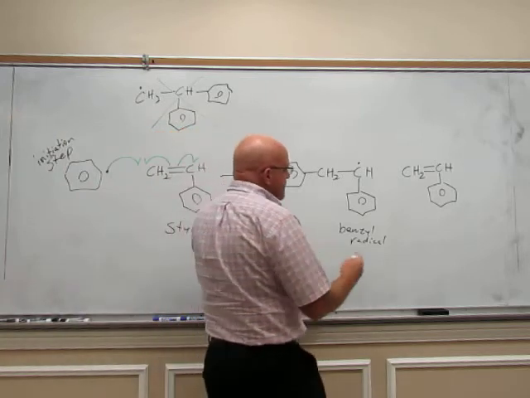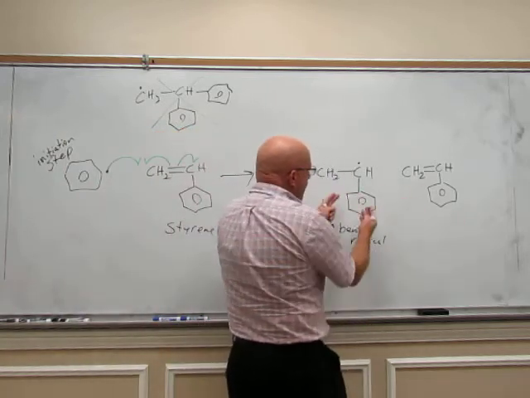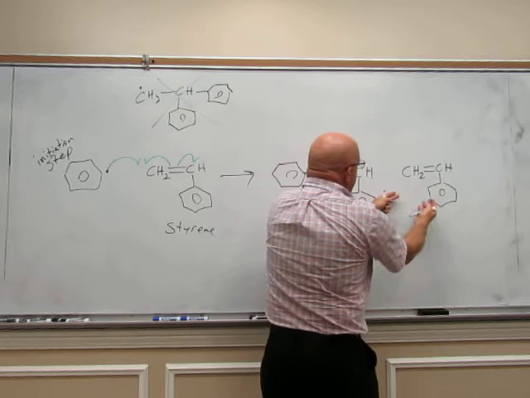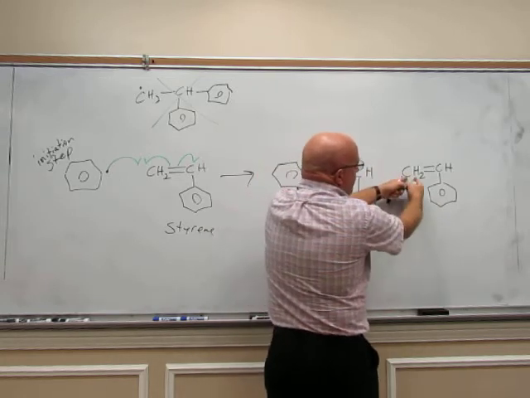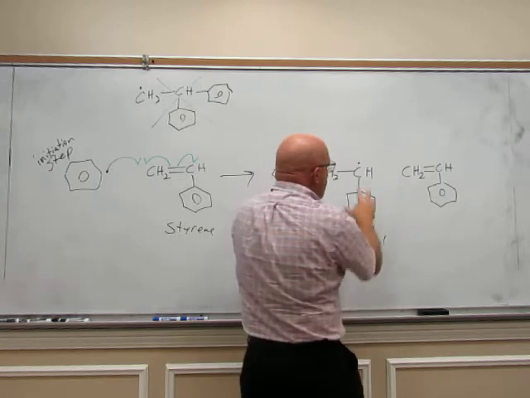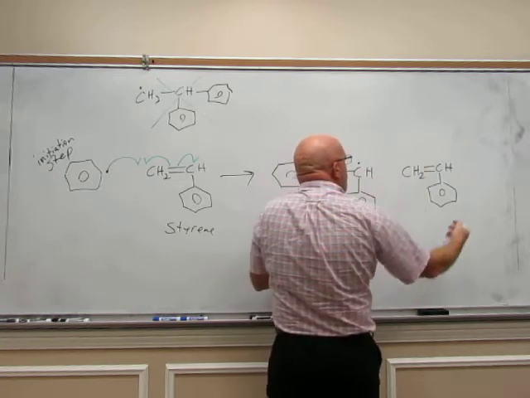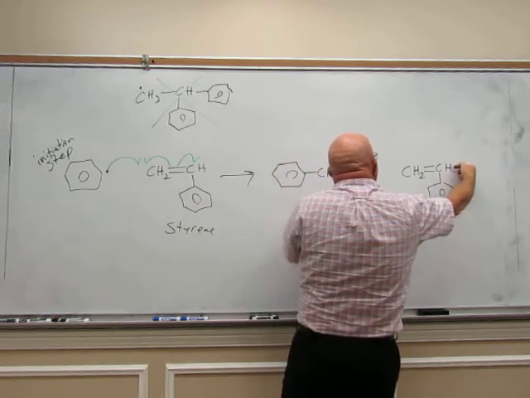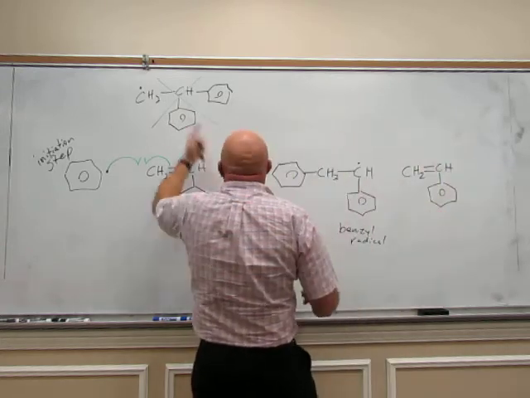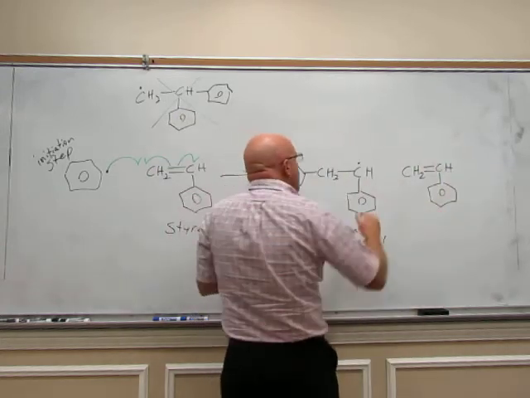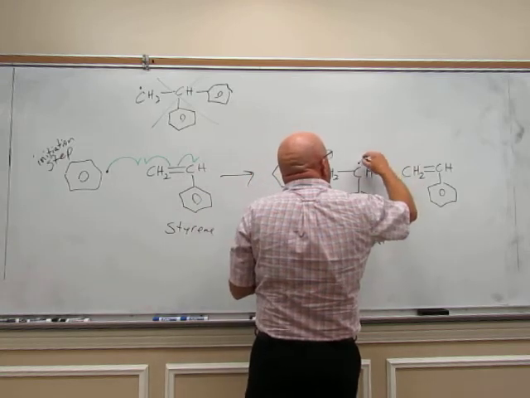So these add, it's referred to as head to tail. This end is the head, and this is the tail that's hanging off, so it goes head to tail. You don't want head to head. If two heads come together, if CH adds to the CH, then you're going to again wind up with a primary radical that has no resonance.